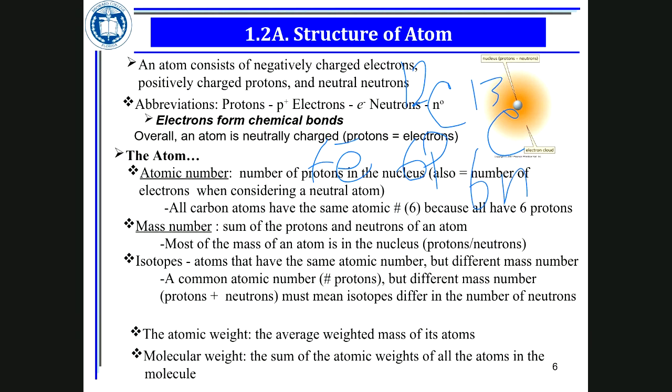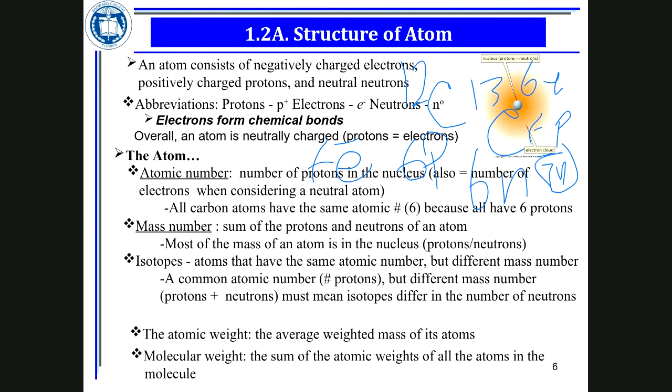For carbon-13, what are the subatomics? 6 electrons, 6 protons, and 7 neutrons. So the 7 neutrons is the only difference between carbon-12 and carbon-13.